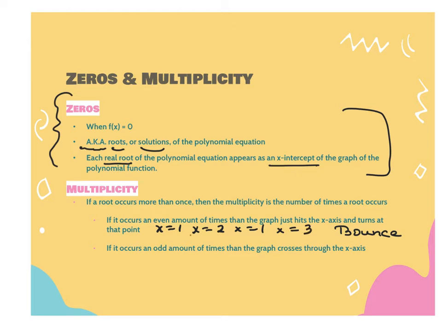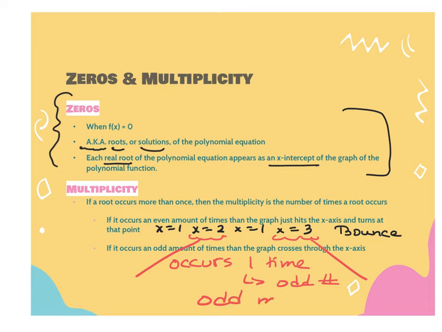Now, these two right here, x equals 2 and x equals 3, you see how you only see it one time? So when a root or a zero occurs one time, 1 is an odd number. So these two have an odd multiplicity.